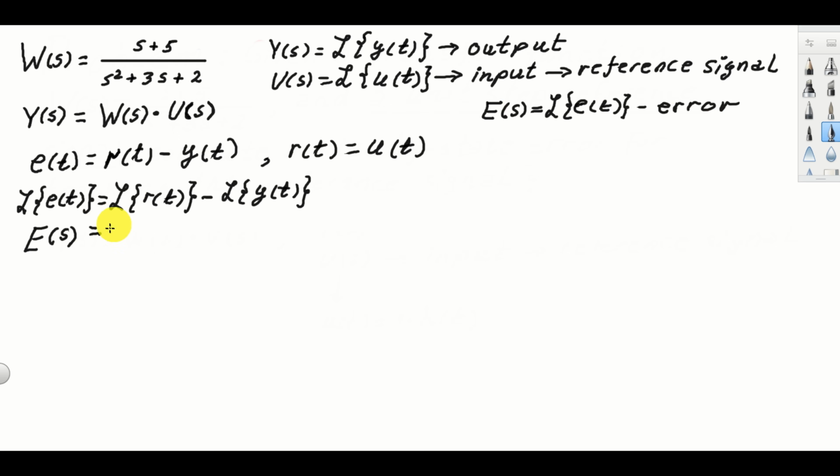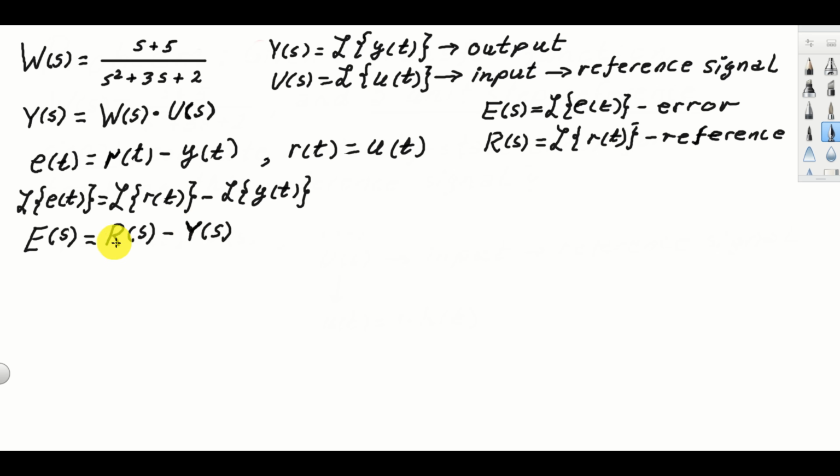Similarly, the Laplace transform of R of t will be denoted by capital R of S. So we'll have that capital R of S is the Laplace transform of time domain signal R of t. This is our reference. So we have E of S is R of S minus Laplace transform of Y of t, that's Y of S.